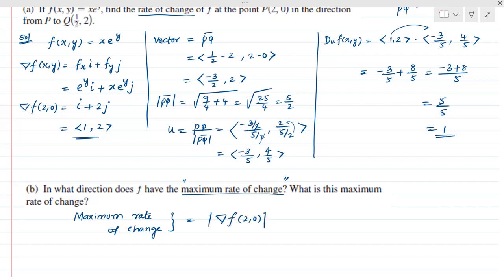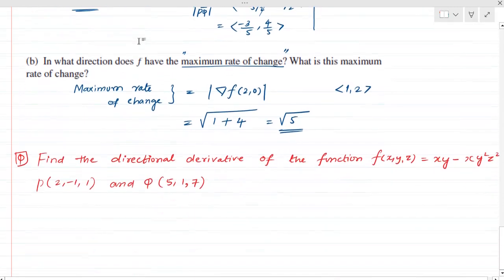So what is the vector here? 1 comma 2 is the gradient vector. Take the magnitude of this: 1 squared is 1 plus 2 squared is 4, which is root 5. So root 5 is the maximum rate of change.